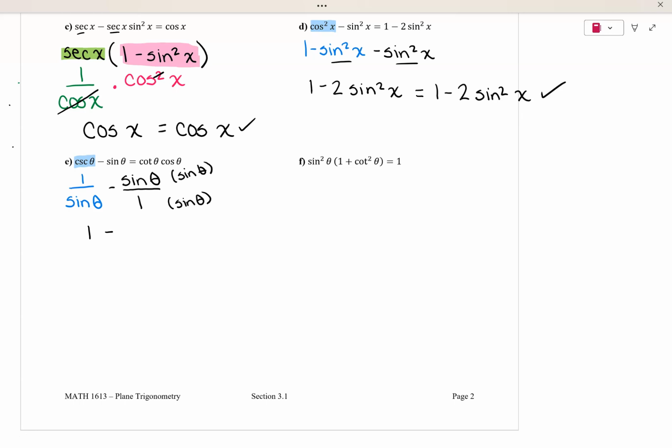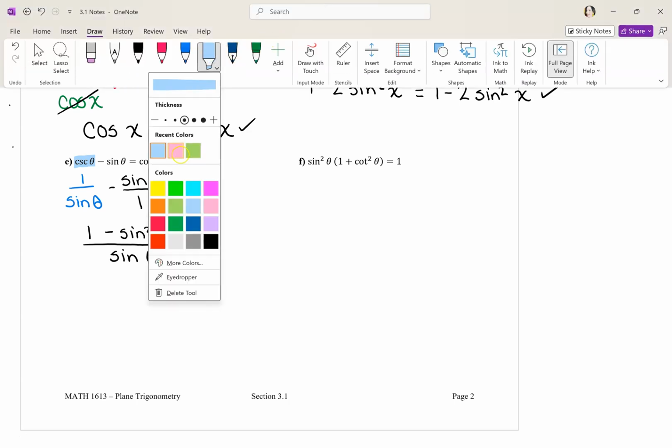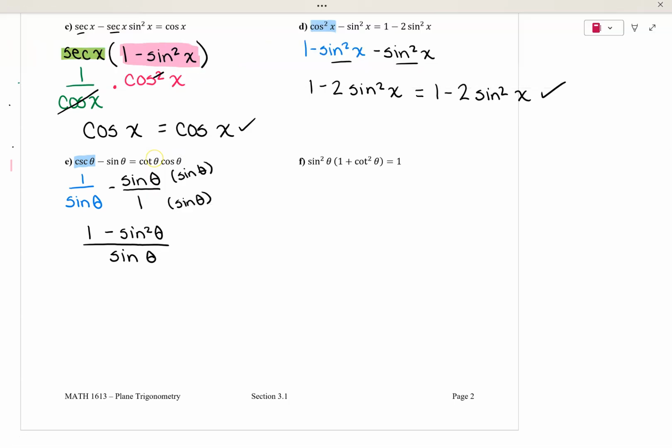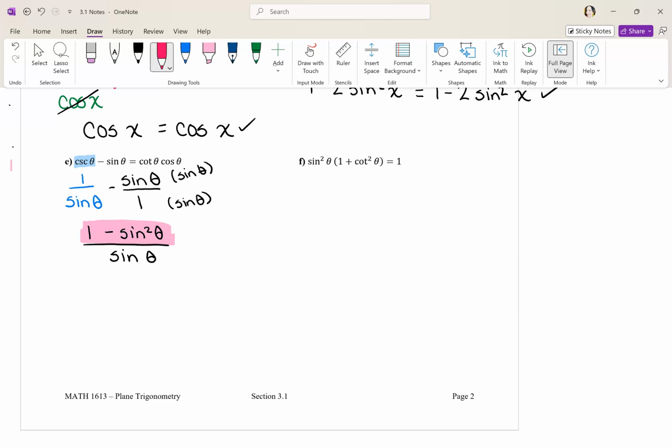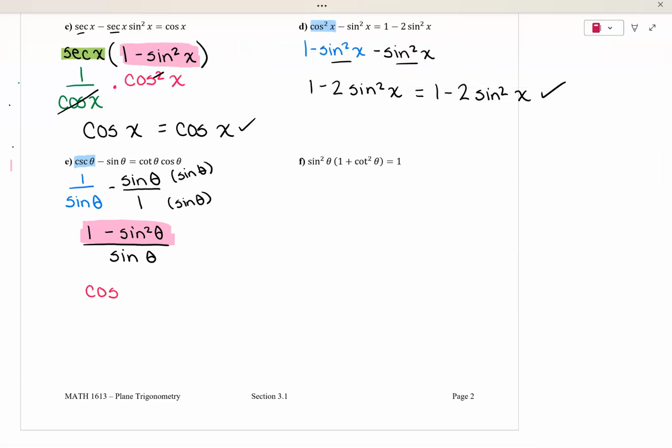So this one wouldn't change, but sine times sine is sine squared. And this would be over sine. Okay? But we have seen this on repeat lately. 1 minus sine squared is cosine squared.